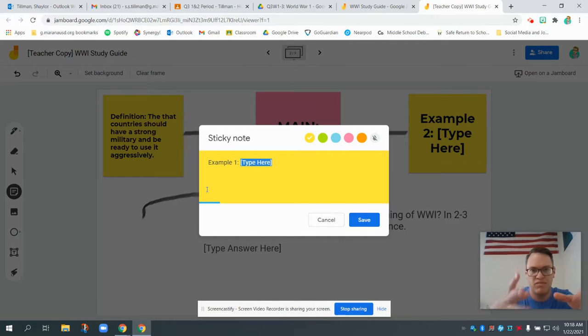Obviously, that's inside of World War One. So when we're talking about causes, there is a major competition. So naval competition between Germany and the United Kingdom, or you could put the British.